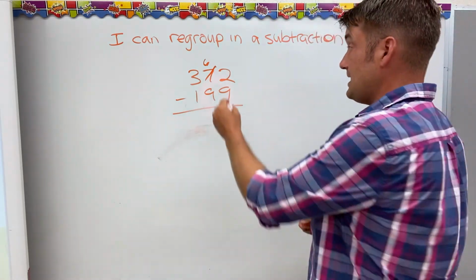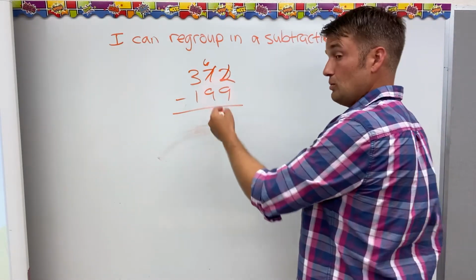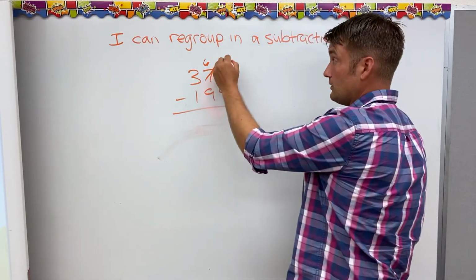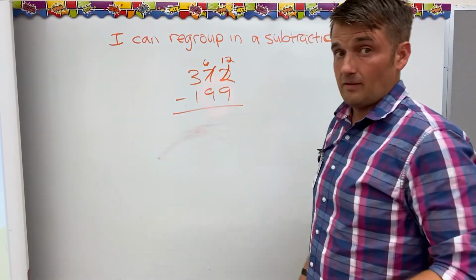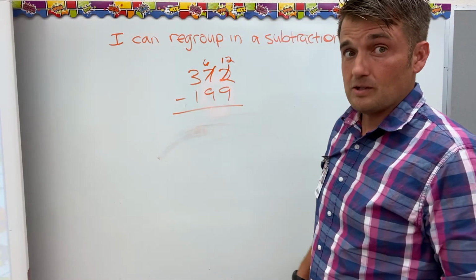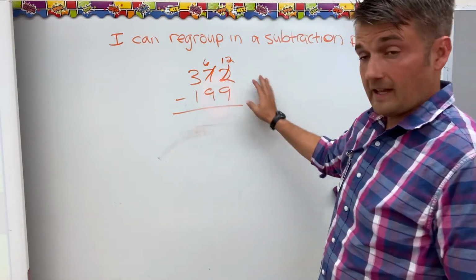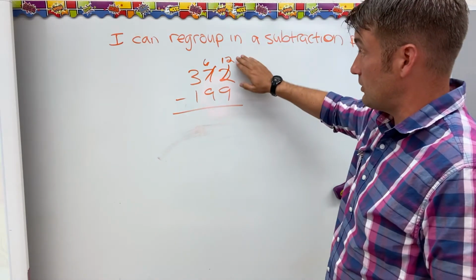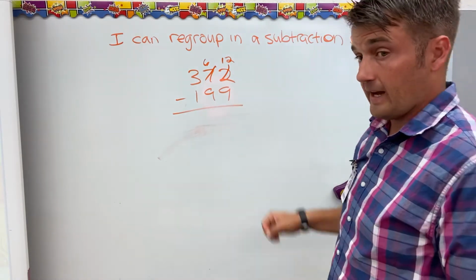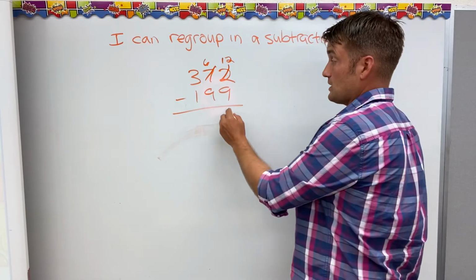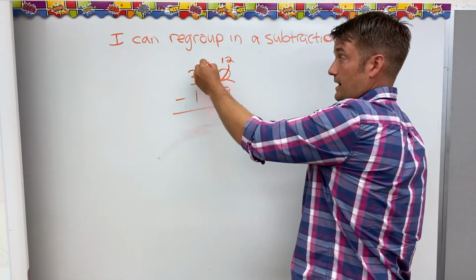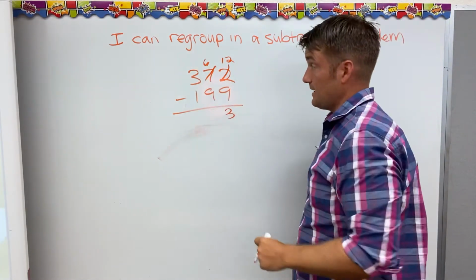I'm going to give 10 to the ones. 2 plus 10 is 12. The 2 becomes 12. That's how that works. So 12 minus 9. 9, 10, 11, 12. That's 3.